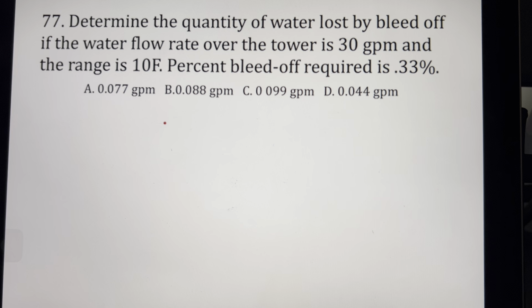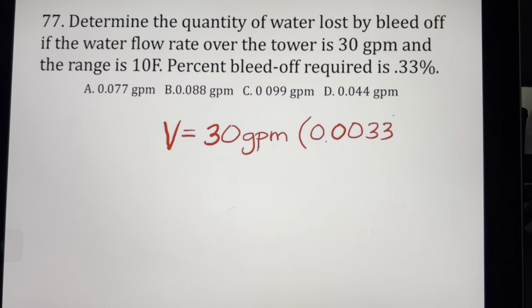So to find the quantity of water lost by bleed up, it is just the product of our flow rate, and that's 30 gallons per minute, and the percentage bleed up, which is 0.33%, or it is also 0.0033.